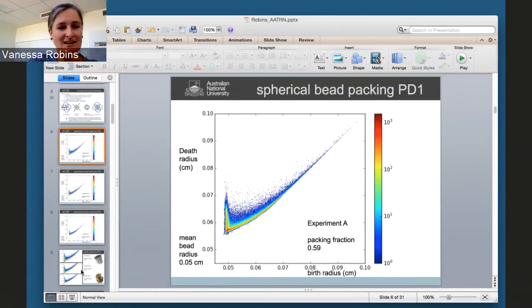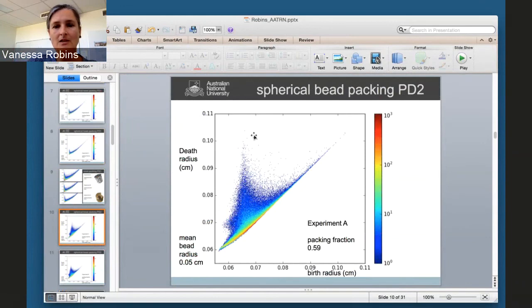I think this is something I didn't talk about too much, but there's a limit in the alpha shape filtration.